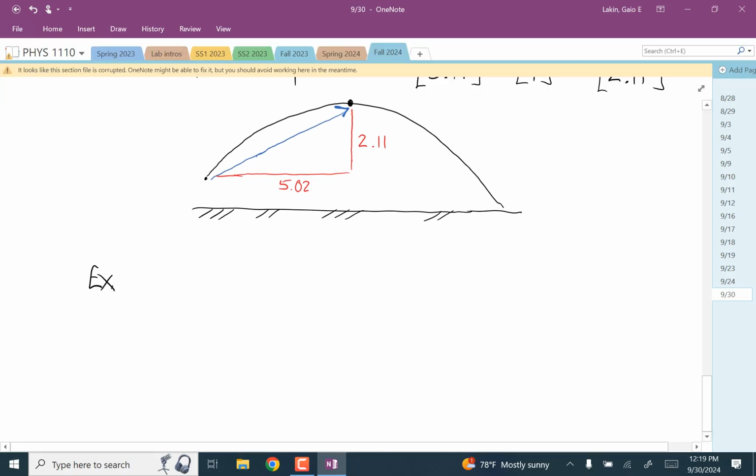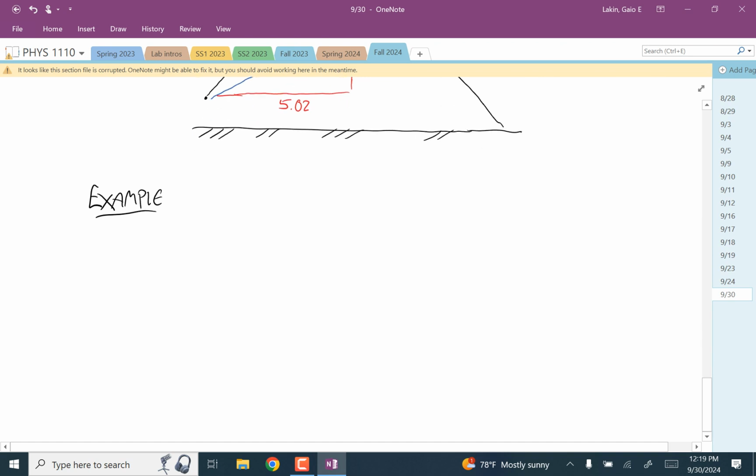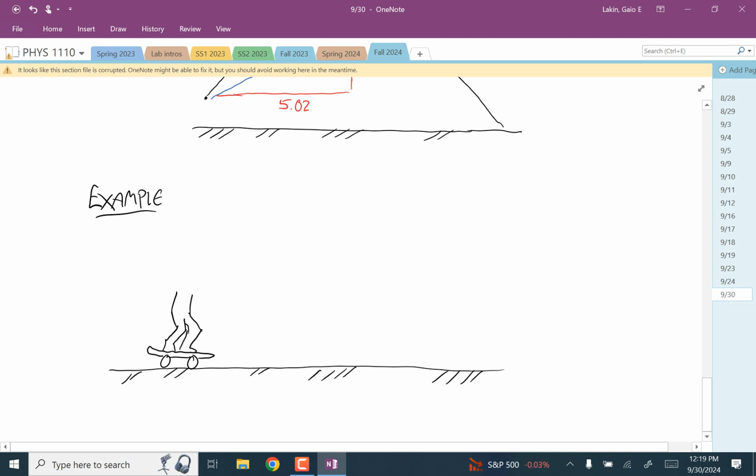Okay. Let's do another one. So let's say you're on a skateboard going across the floor at 5 meters per second. That's you.